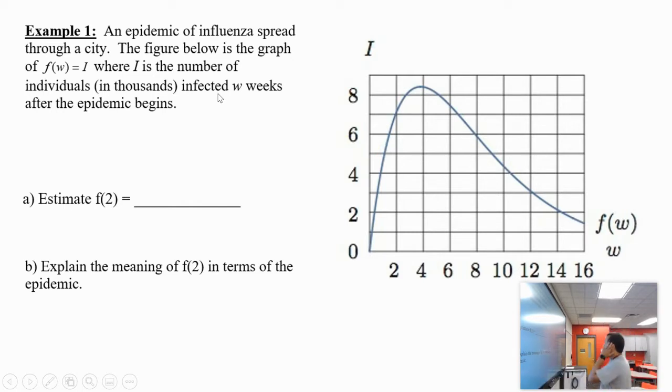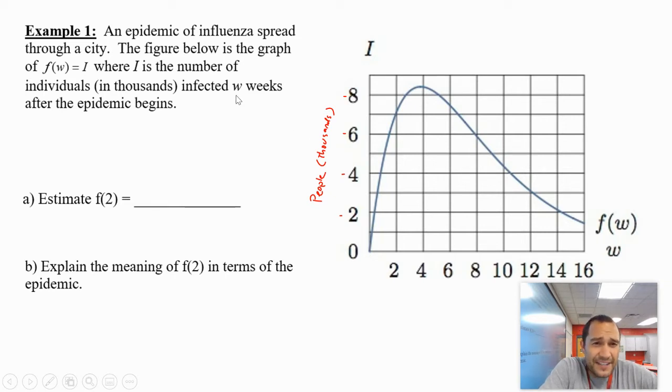Okay, so going up right here, this is people, and that's in thousands. So this is 2,000, this is 4,000, 6,000, 8,000 people infected. This example is kind of pertinent to the world we were living in last year.